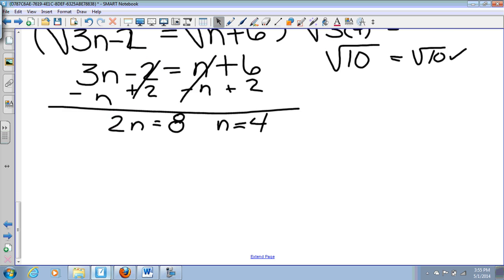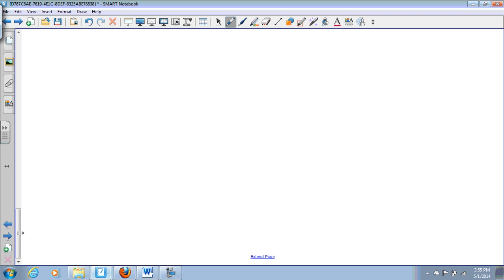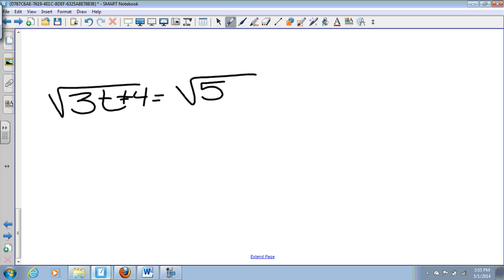We will do one more, and it is quick check number 3. The square root of 3t plus 4, not doing very good this afternoon, equals the square root of 5t minus 6. We would, in fact, square both of those first.